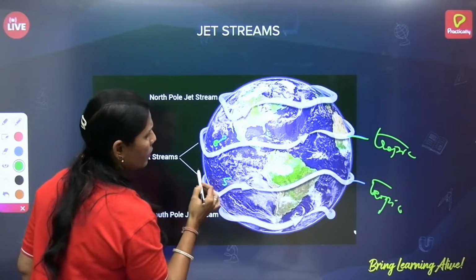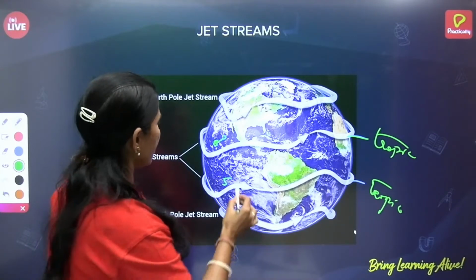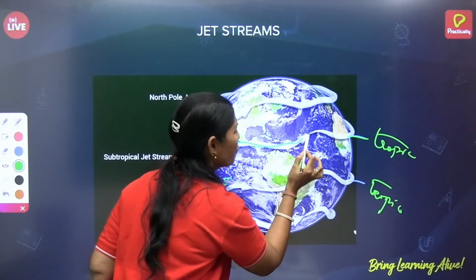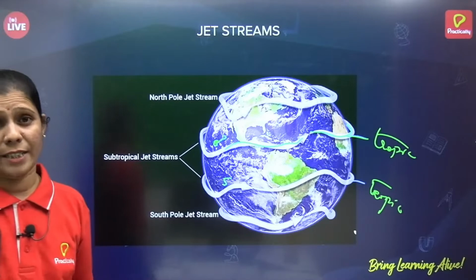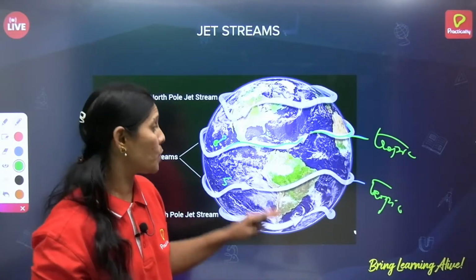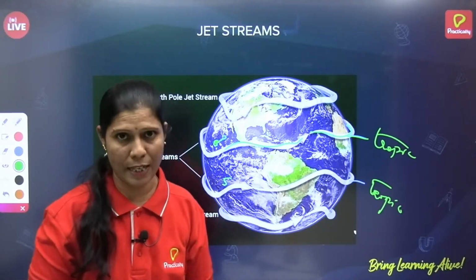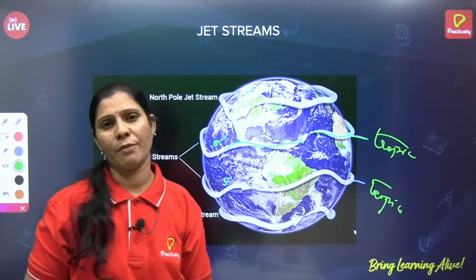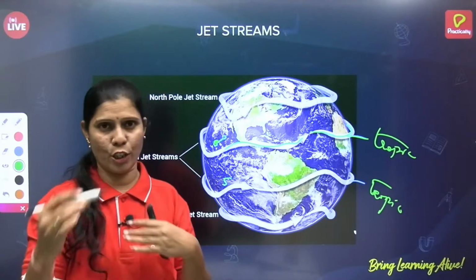At these areas, the jet streams flow. Jet is nothing but a high speed of flow, so these streams flow very fast. Due to these jet streams, the climate gets fluctuated.